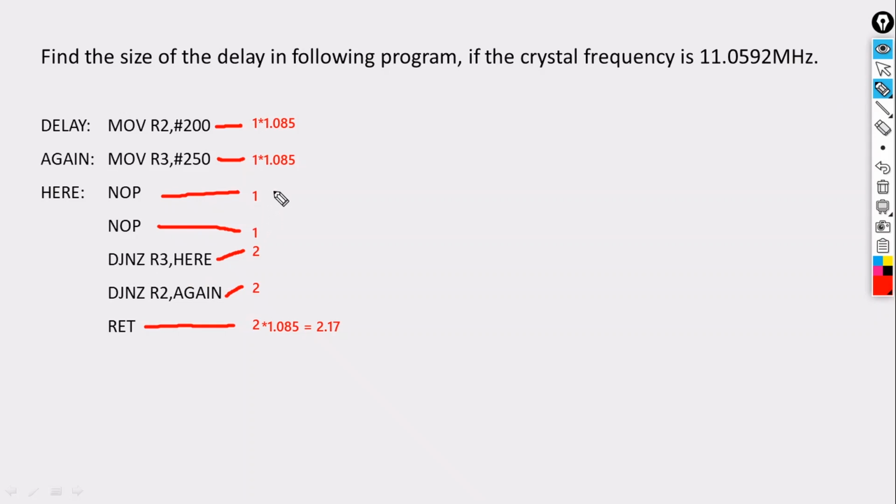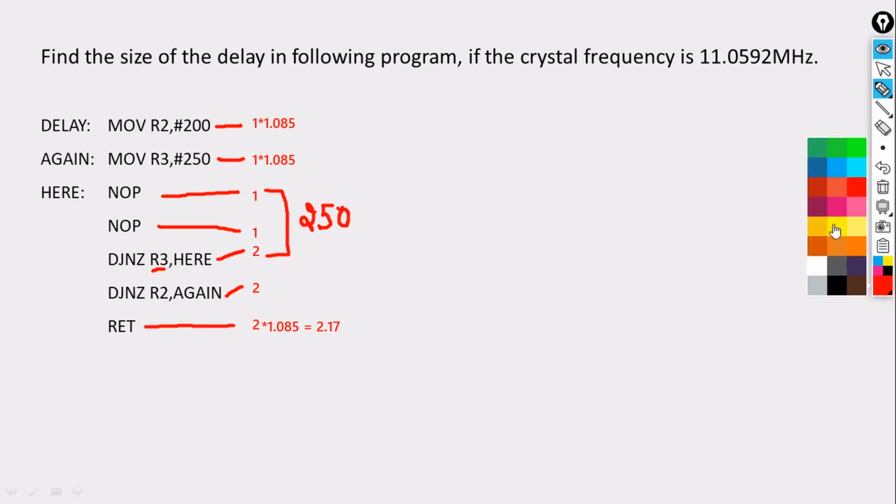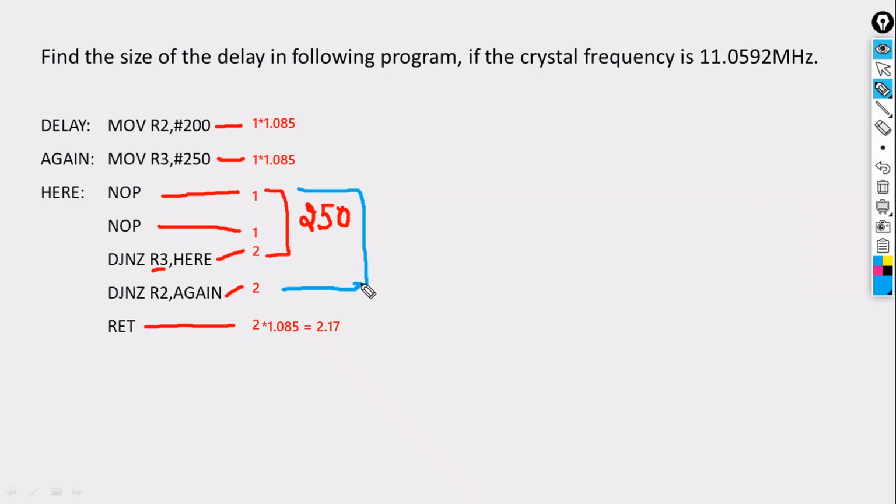Now if we look at this particular operation, how many times is this loop going to be executed? Since it is DJNZ R3, it is going to be executed 250 times. And since it is a nested loop, again in terms of R2, this is executed 200 times.